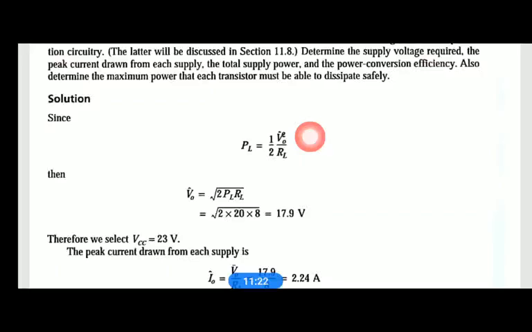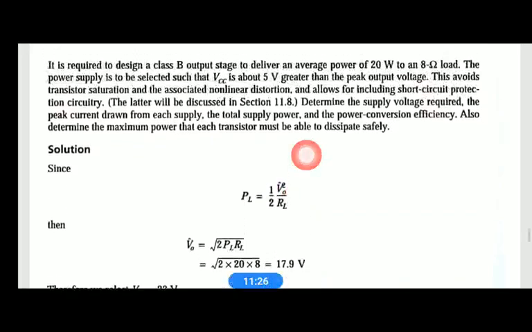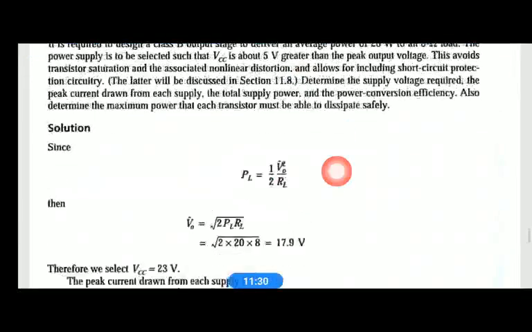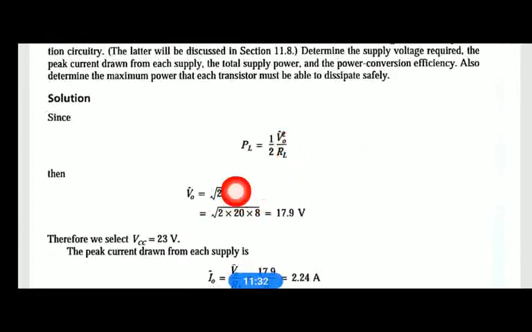We derived this formula. So we need to find V0 here. PL is given, which is 20 watt. RL is given, which is 8 ohm, right? Substitute both here. First you get the formula for V0, which is equal to root of 2 times PL times RL. So PL is 20 watt, RL is 8 ohm. Therefore V0 you will get 17.9, which is approximately 18, right?